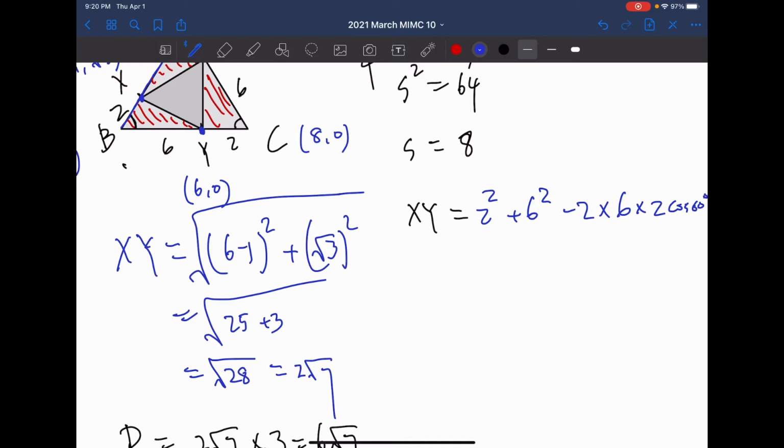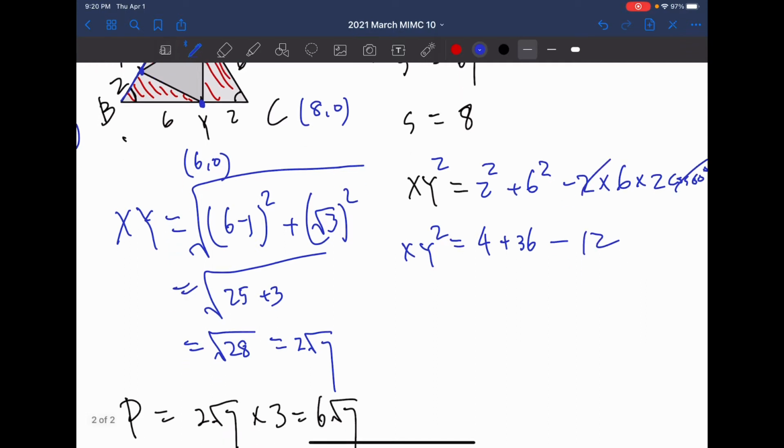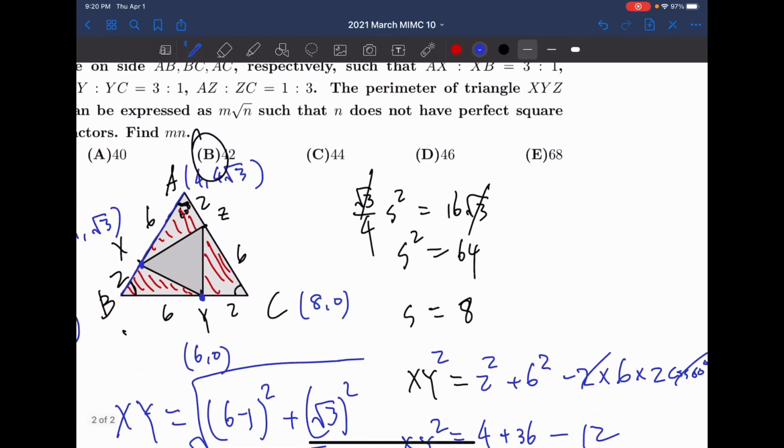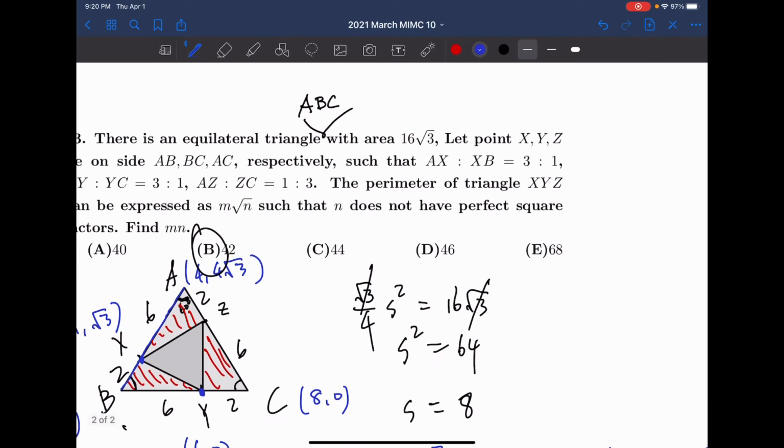We know that cosine 60 degrees is 1/2, so that is 4 plus 36, minus 12. XY squared would be 40 minus 12, which is 28, and XY would be 2 root 7, which is exactly this, giving us the answer choice B as well.